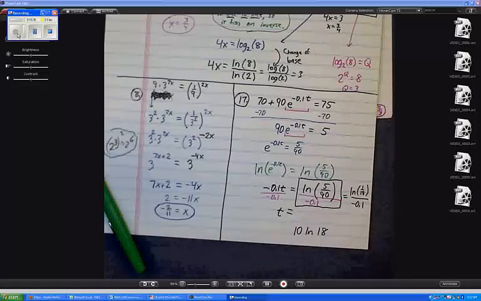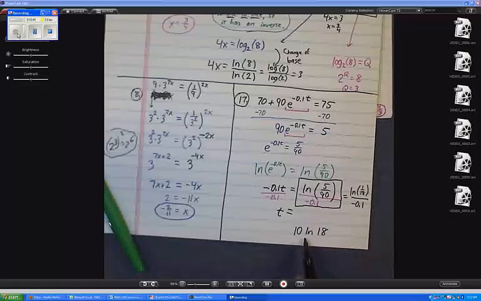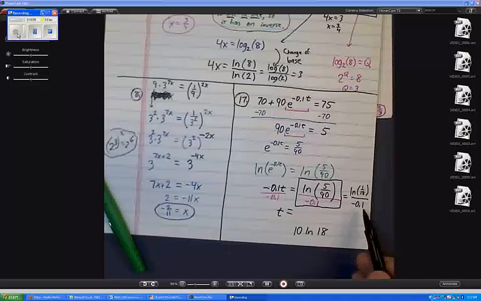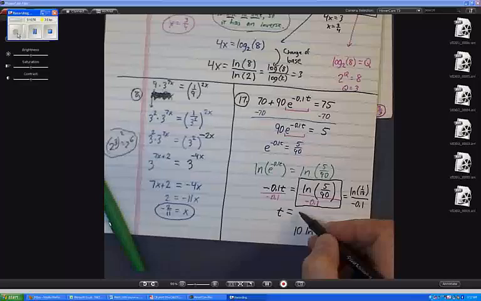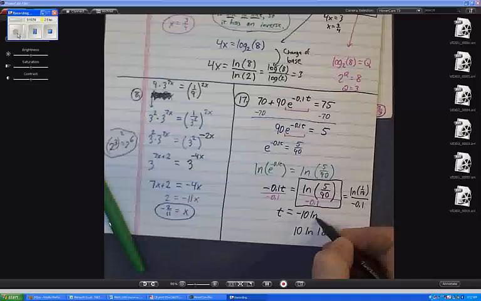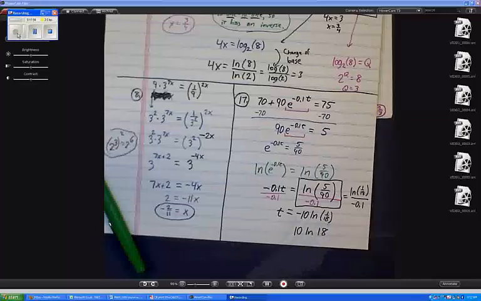So what the heck did they do to get this? Well, you might understand that dividing by 0.1, what fraction is that, 0.1? 1/10. When you divide by 1/10, that's like multiplying by 10. So you might think the answer is this, negative 10 natural log of 1/18. And that is correct also. Okay? All these things are going to give you the same numerical answer.